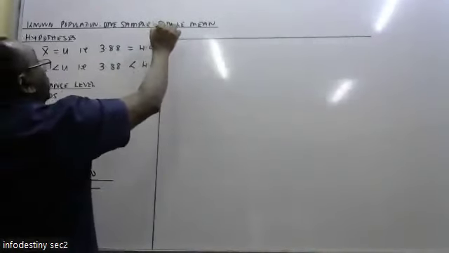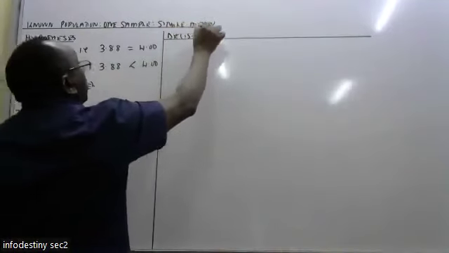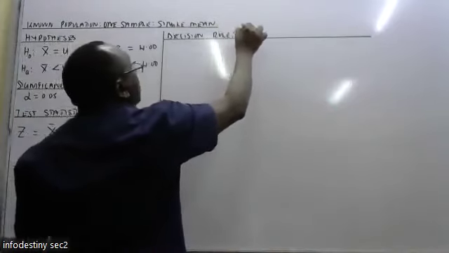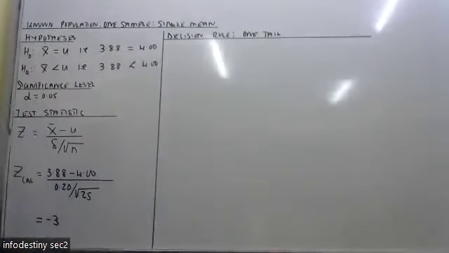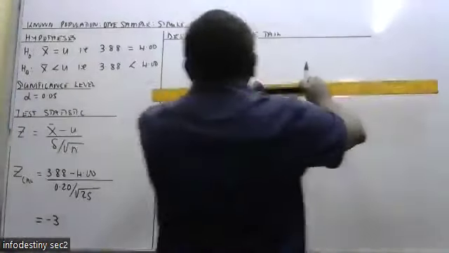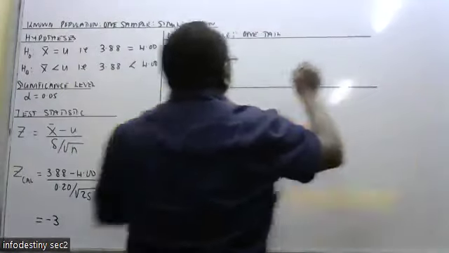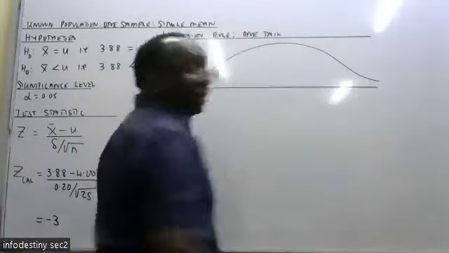So this one is the decision rule, and this one is now one tail. If it's one tail, then it's like this.